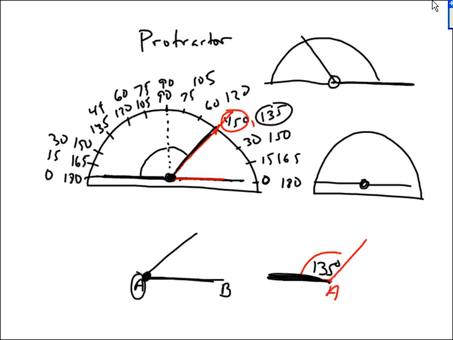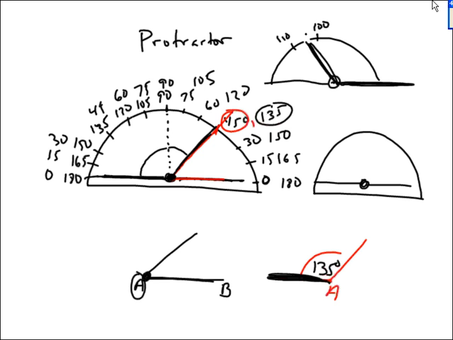Now, over here you're going to have two numbers. And since we want to measure this angle, which is more than 90, make sure you read the number that's more than 90. Now, it might be that you have 100 here, and you have 110 there.